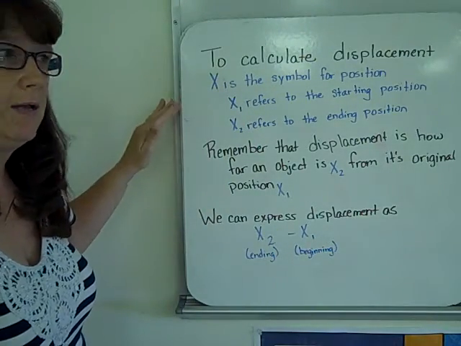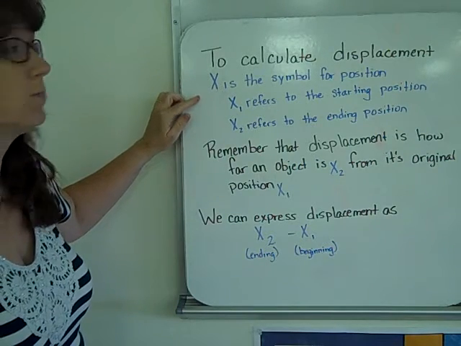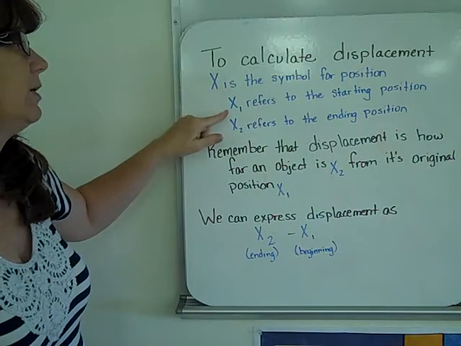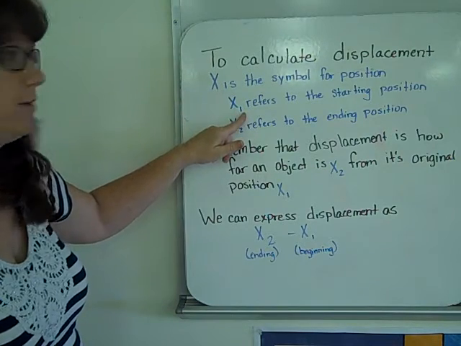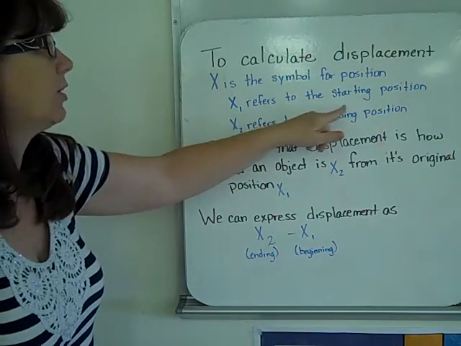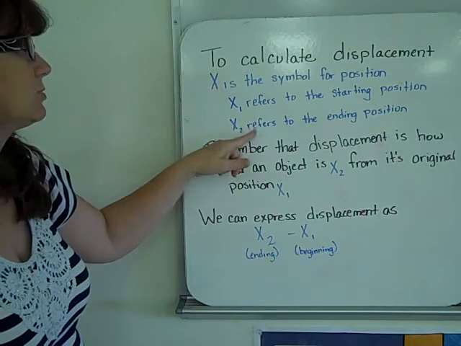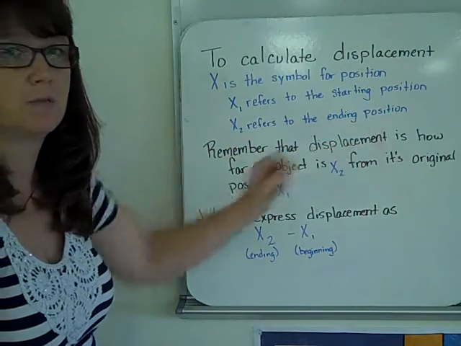Remember that we said in our previous video chat that we were going to use x as a symbol for the word position. So we're going to use x with a subscript of 1, which is this little 1 here, and that's going to refer to our starting position. And we're going to use x2, which is going to refer to our ending position.